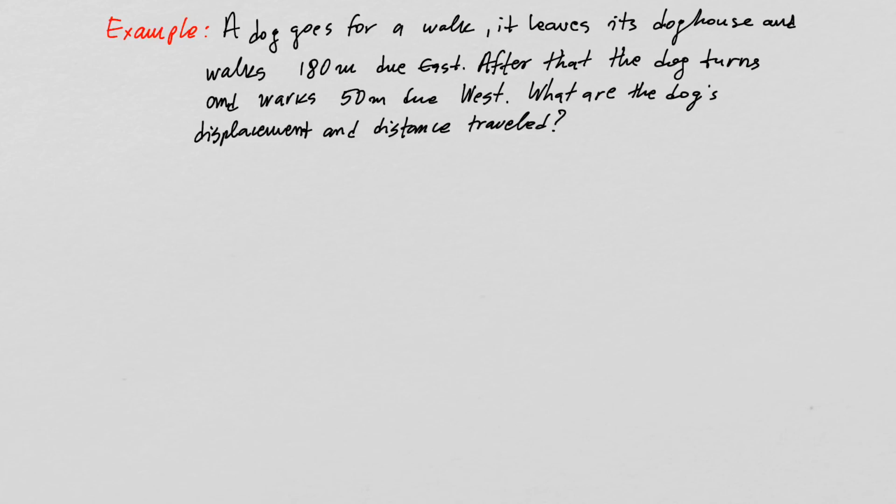So let's use the same concept, introducing a map, sketching the motion of the dog on that map, and use those to calculate the distance and the displacement of the dog. So the dog started from his dog house right here, moved 180 meters due east.